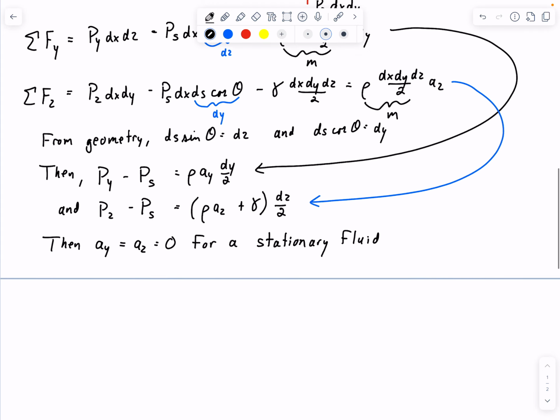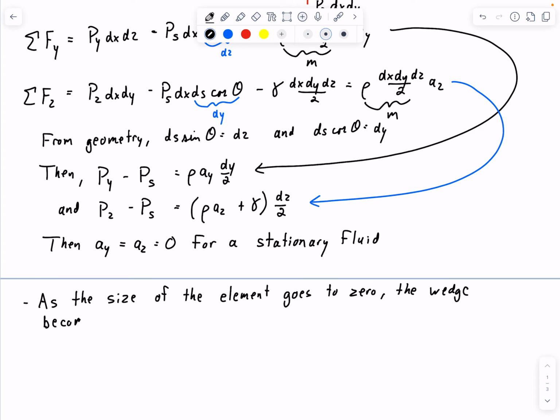And then there's another consideration here too, which greatly simplifies this, which is that as the size of the element goes to 0, so remember this is an infinitesimal sized element, a very, very small element, but as we shrink that even smaller and smaller, the wedge becomes a point.